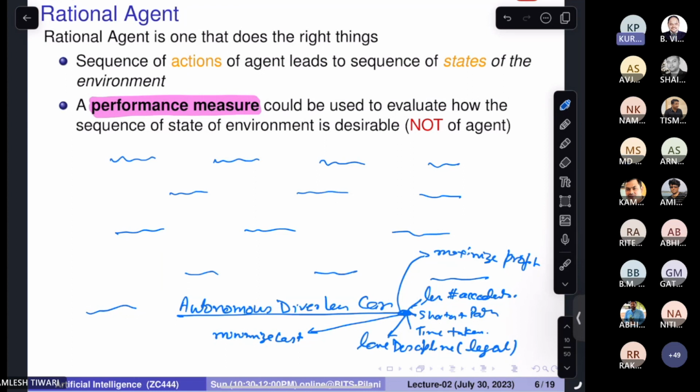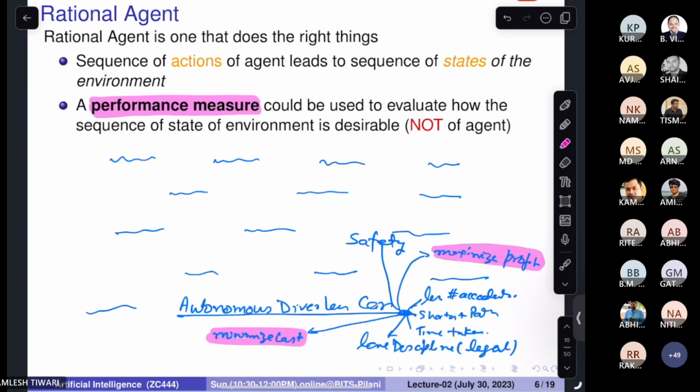Opening of airbags in case of accident, safety measures. Mileage can also be one. Mileage means minimize the cost. Sir, maybe scheduling its own maintenances.